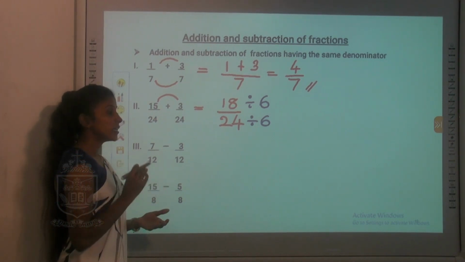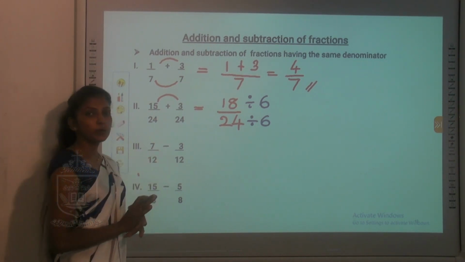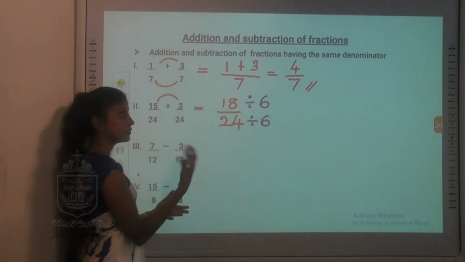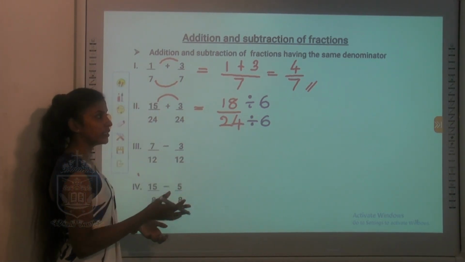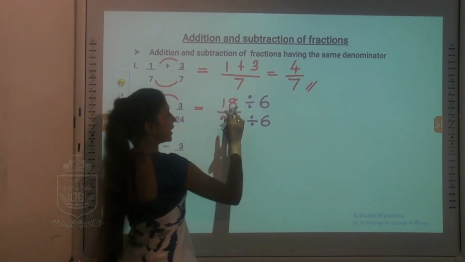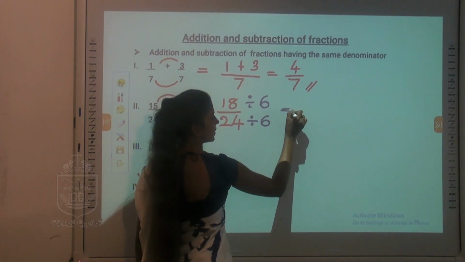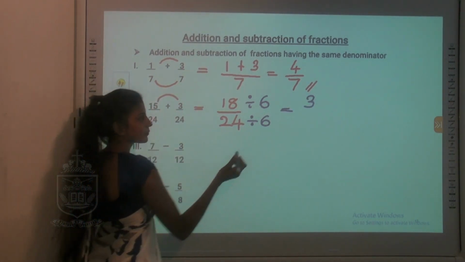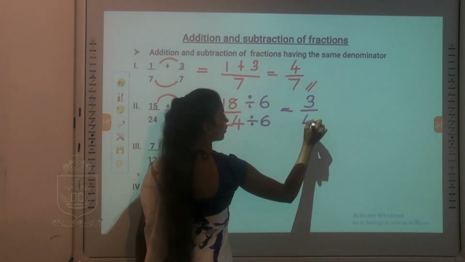Therefore you can divide both the numerator and denominator by the same number. If you can't find this number directly, you can start from the small numbers. Okay, 18 divided by 6, answer is 3. 24 divided by 6, answer is 4.